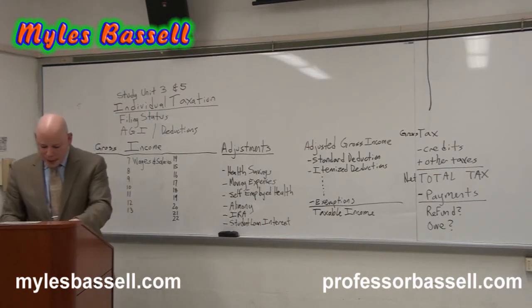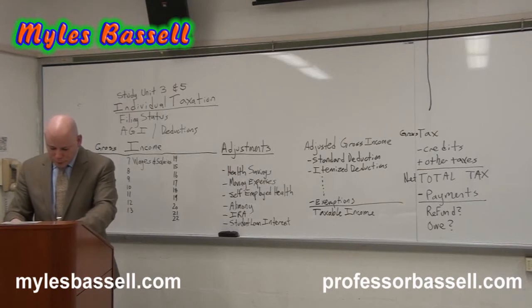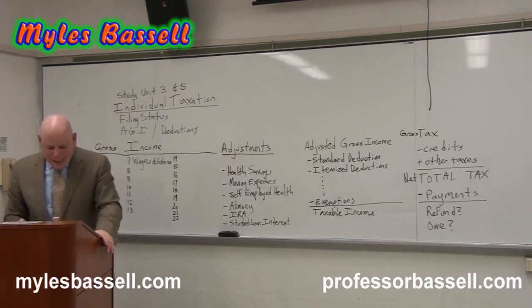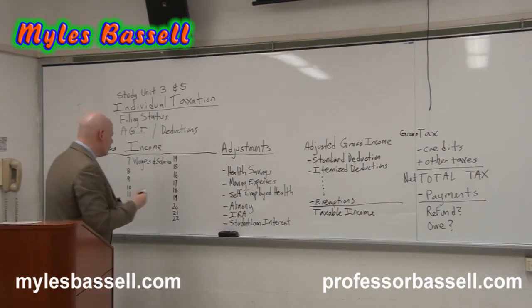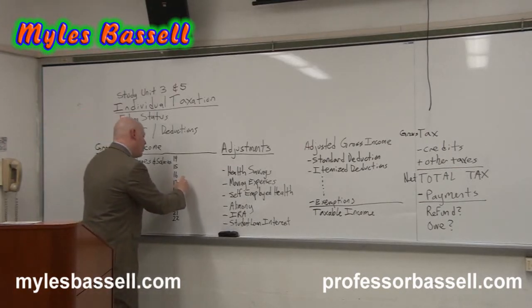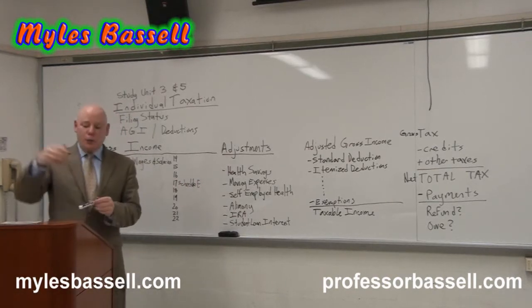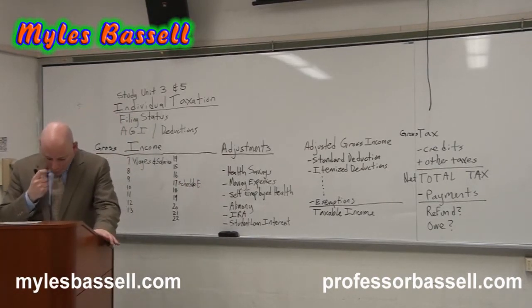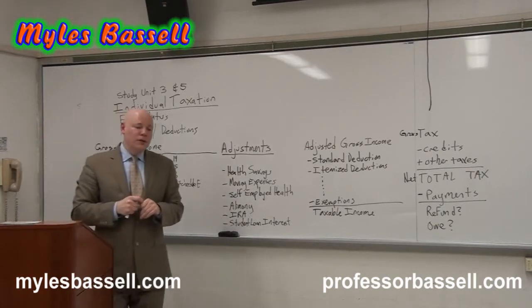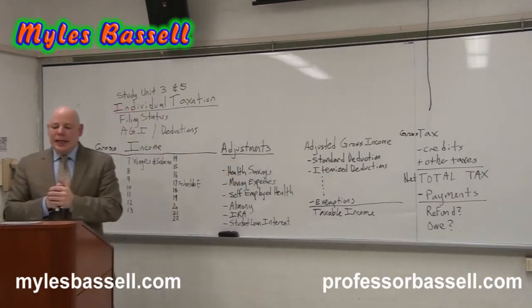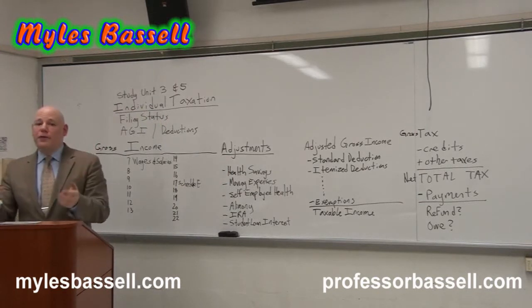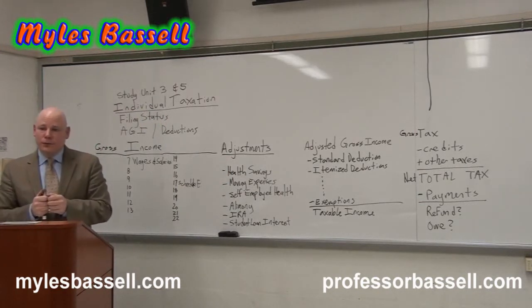So we're going to see that on line 17, this is where we're going to recap Schedule E. That's where we're going to show whether or not this rental property or an S-Corp has yielded a profit or a loss.